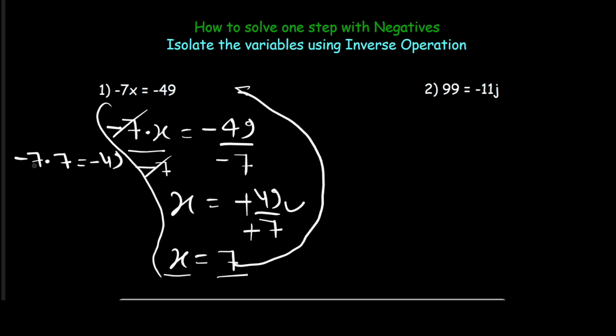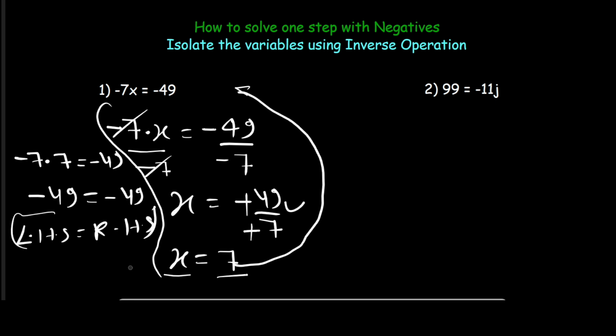So minus 7 times 7 is minus 49 equals minus 49. So here left hand side equals right hand side. It shows that our solution, which is x equals 7, is correct.